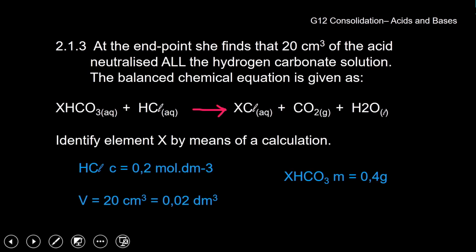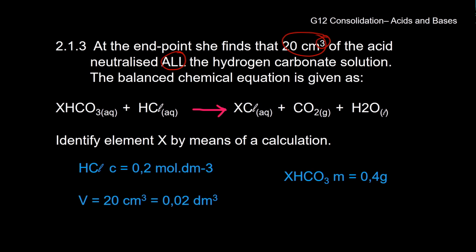Okay, now 2.1.3. At the end point, she finds that 20 centimeters cubed, again we've got the centimeters cubed, of the acid neutralizes all of the hydrogen carbonate solution. So this is telling us that the HCl is in excess.